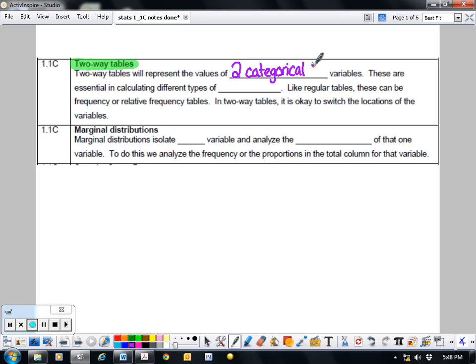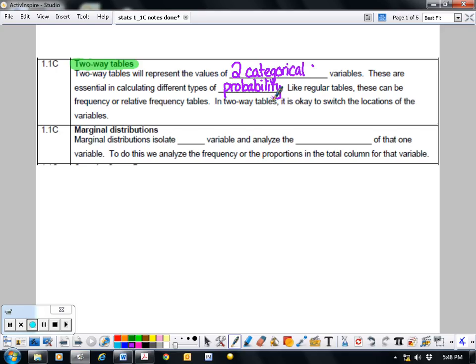And these are essential for calculating different types of probability. So we're going to see these a lot in Chapter 5 when we start looking at probability. Like regular tables, these can be frequency or relative frequency tables. And in two-way tables, it is okay to switch locations of the variables.